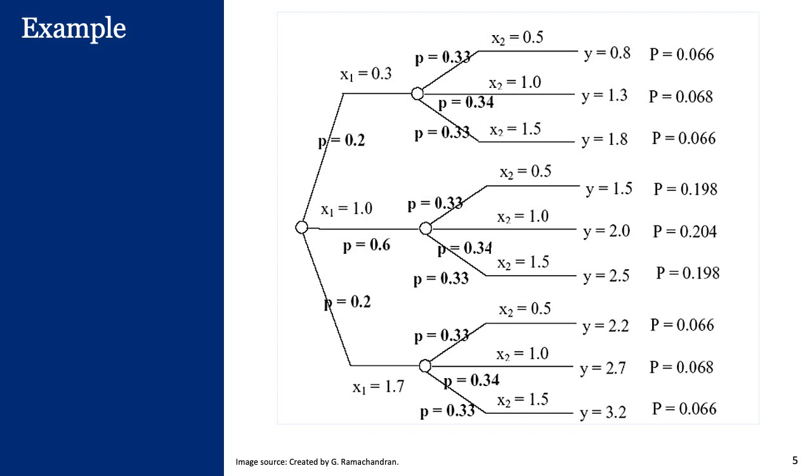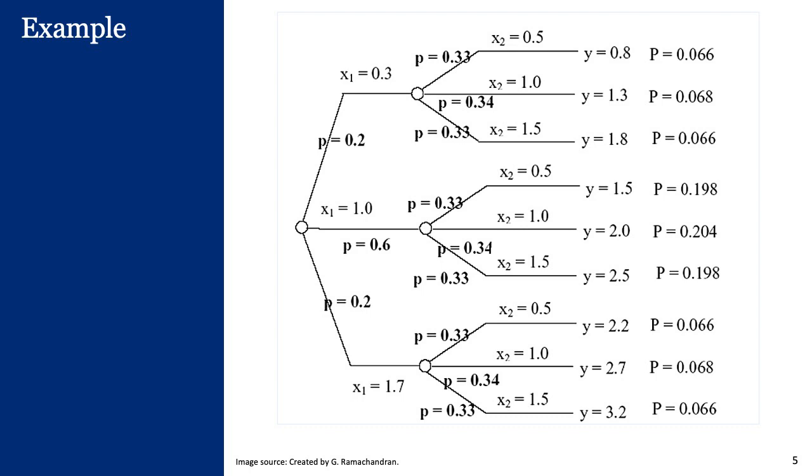So now if we look at the values of y, let's just look at the first value at the top, which is y equal to 0.8. And this occurs only when x1 equals 0.3 and x2 equals 0.5 with their respective probabilities. And so y equal to 0.8 will occur with a probability of 0.2 corresponding to x1 and 0.33 corresponding to x2 equal to 0.5.